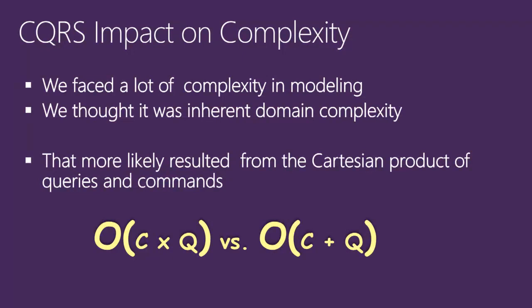When we start thinking with a CQRS mindset, we treat the command stack and the query stack as separate entities, so the overall total complexity is just the sum of the two quantities, which is probably a linear quantity.